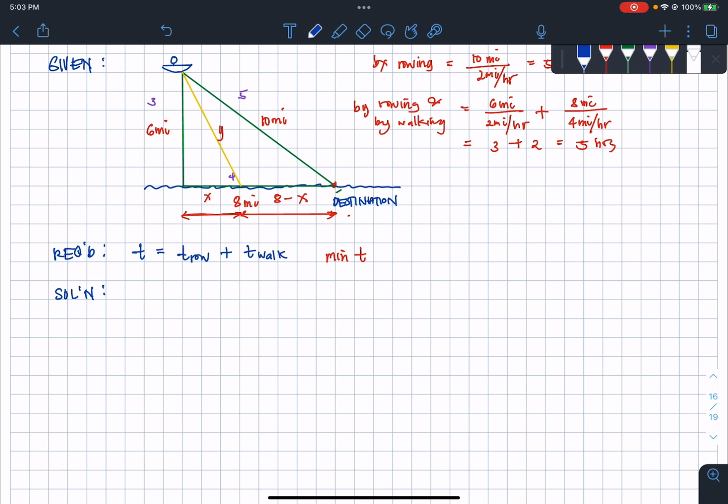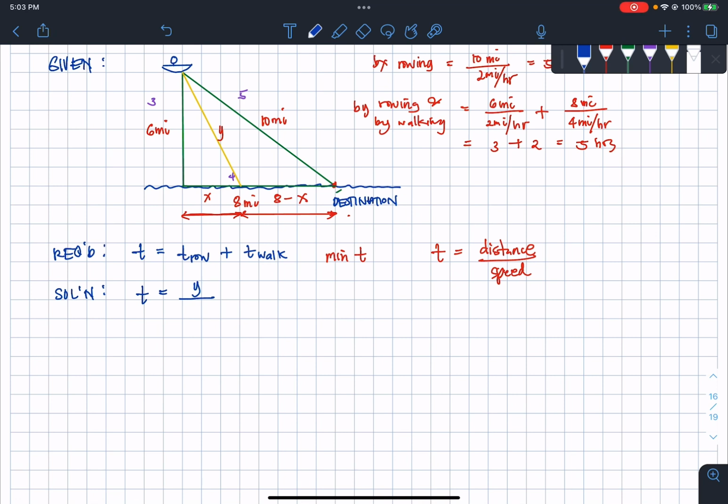So how do we get the time? The time would be equal to the time to row. Remember that the time is equal to the distance divided by the speed. So for the time to row, the yellow one, the distance to row is y.